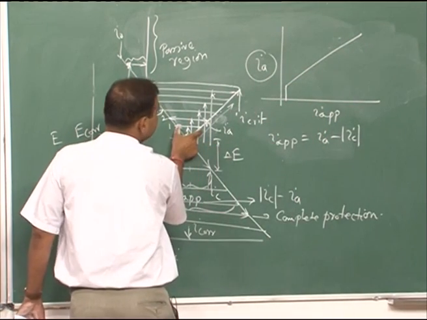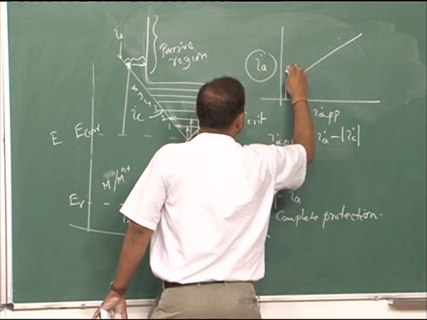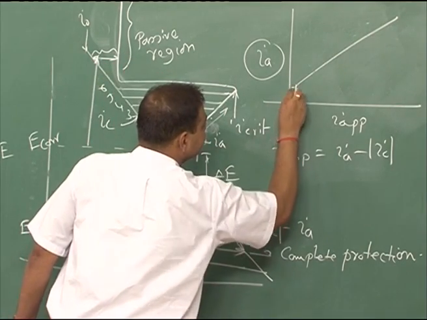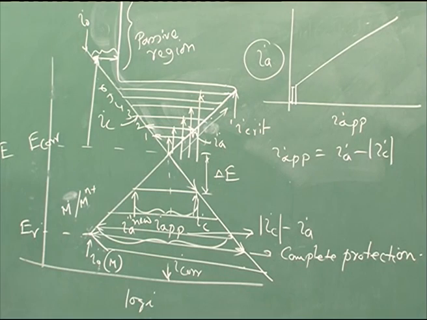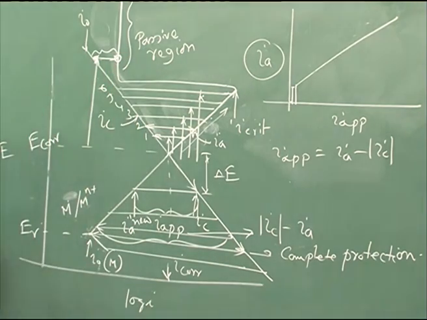Now, my I applied would be this much, a little less. This is my I applied, and what would be my IA there? IA would be like here.